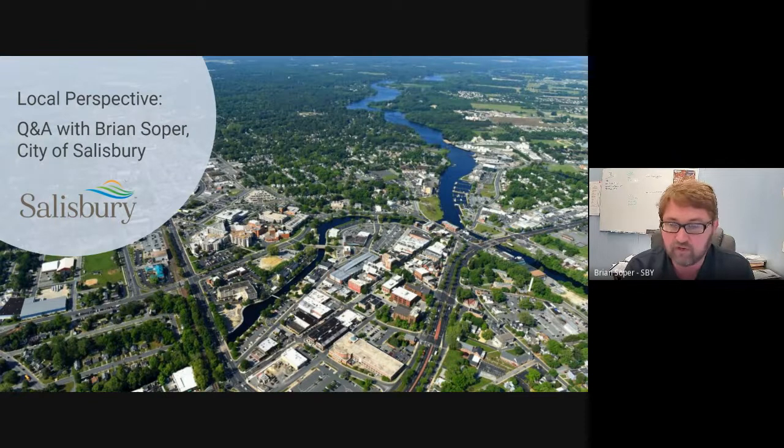When people want to do minor renovations, there are some tweaks I want to make in the code, lowering the standard a little bit relative to the larger development projects, to make it easier for the homeowner to navigate what they have to do without having to hire somebody. There's varying amounts of income in that neighborhood, from low to medium to high, so addressing those issues with each project is a little different.